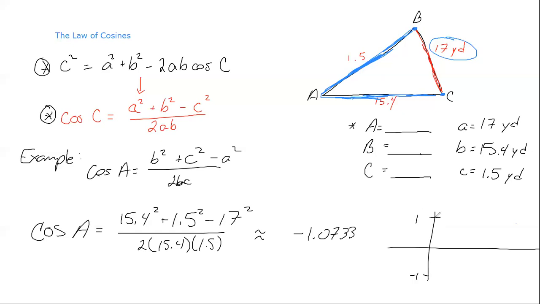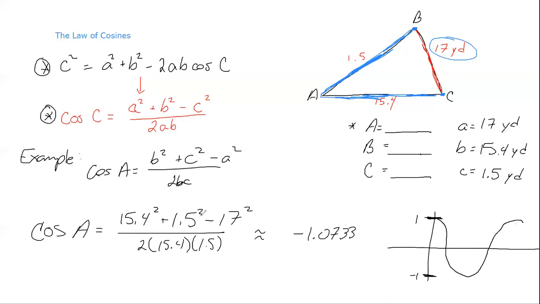If you look at the graph of cosine, it starts here at positive 1, and then it drops down to negative 1, and then back up to positive 1, and then it just keeps oscillating between positive 1 and negative 1. But it can't get outside of this boundary. It can't get larger than positive 1. It can't get smaller than negative 1.